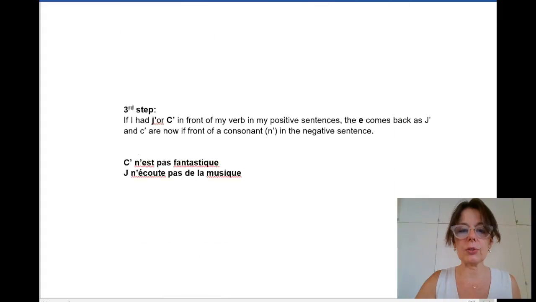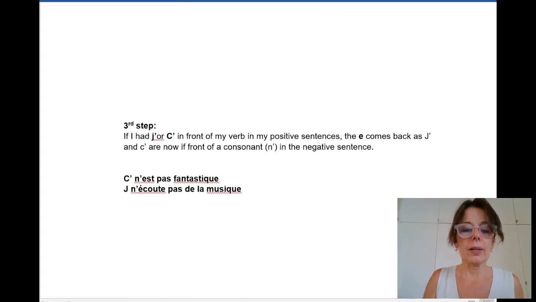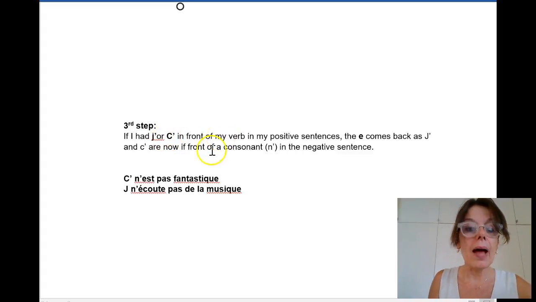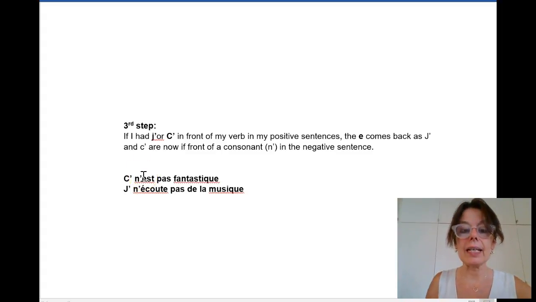Okay, let's continue. Third step. If I had J apostrophe or C apostrophe in front of my verb in my positive sentences, now the C apostrophe and the J apostrophe are in front of consonants, so the E can come back.